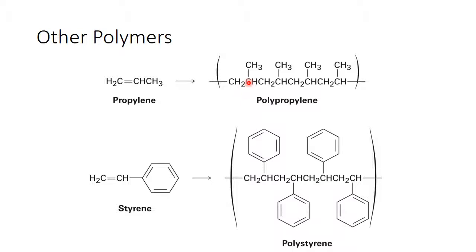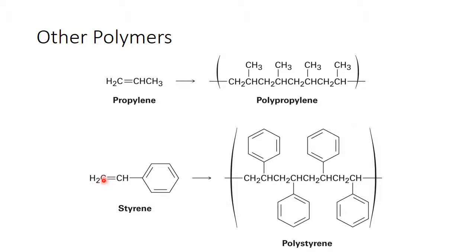Here are the two carbons in the double bond. Here's another two carbons in the double bond. You see, this is one propylene. This is another propylene. This is another propylene. This is another propylene. And you see it makes a big long chain of all those propylenes all bound together.